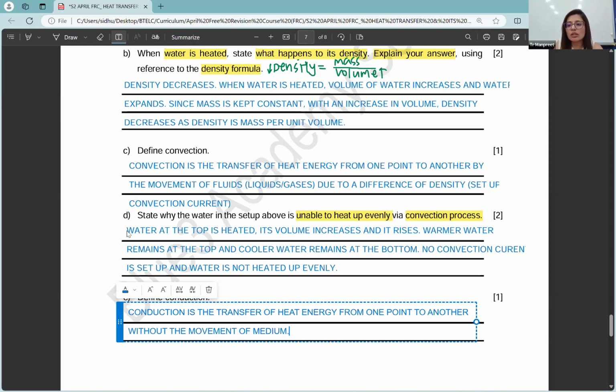There is very little movement of the medium. They only vibrate about their fixed positions, and as a result, they transfer heat from one point to another.